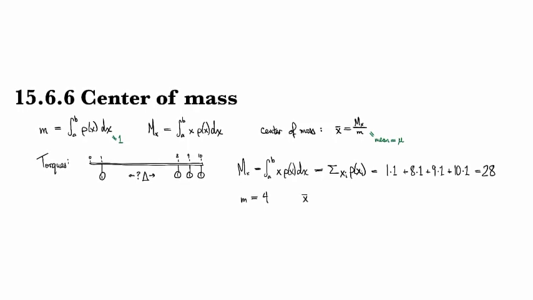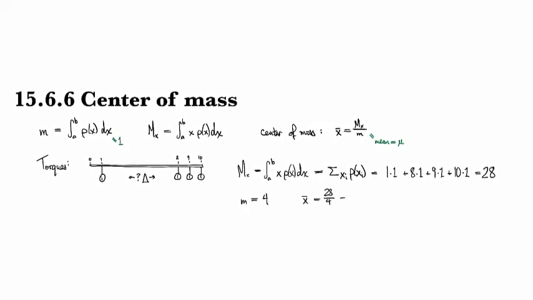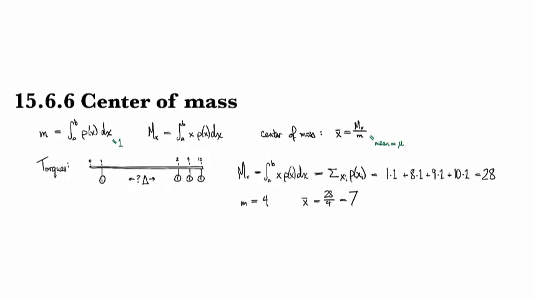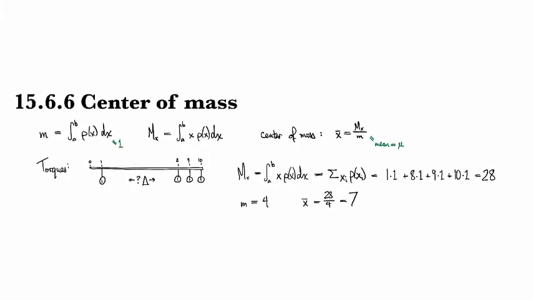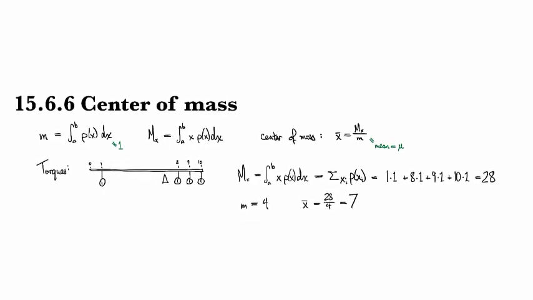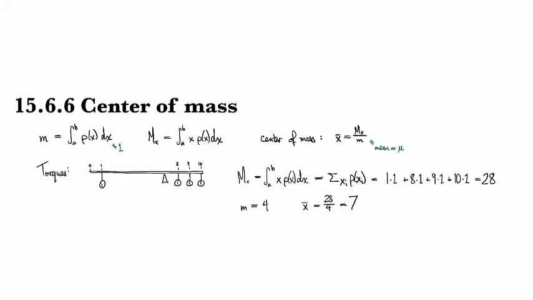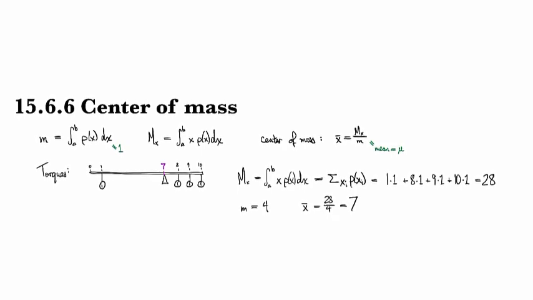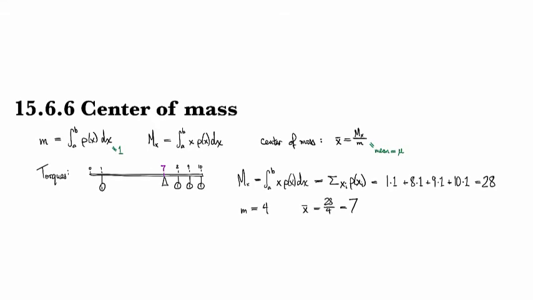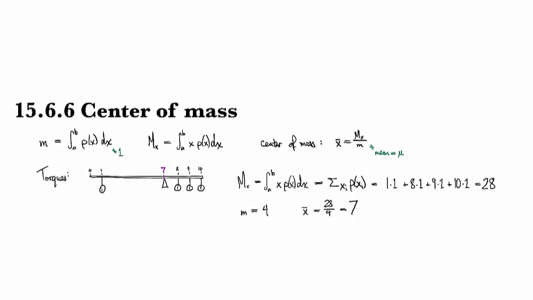So our magic x coordinate is 28 over 4, which is 7. And so in fact, if we take our little fulcrum and move it so that it's resting right here at 7, then this apparatus will balance.